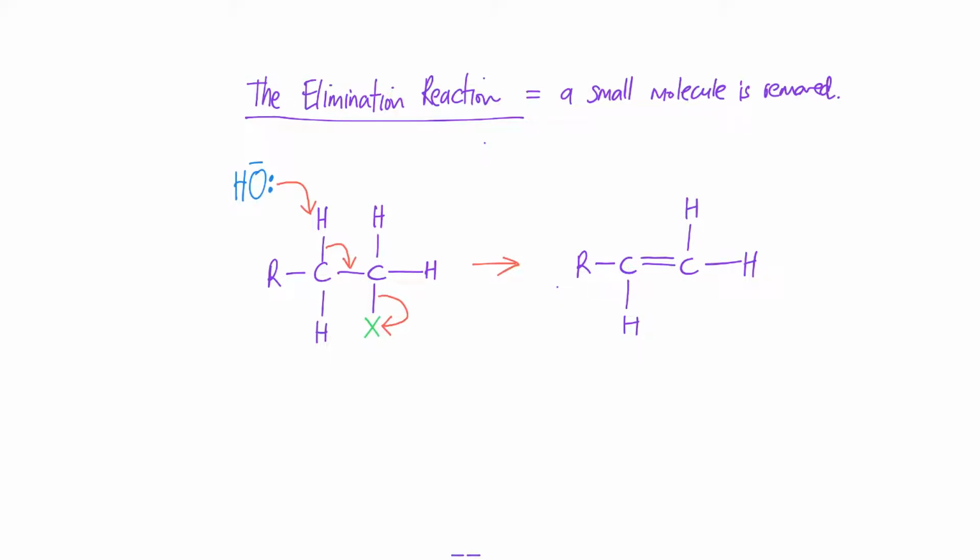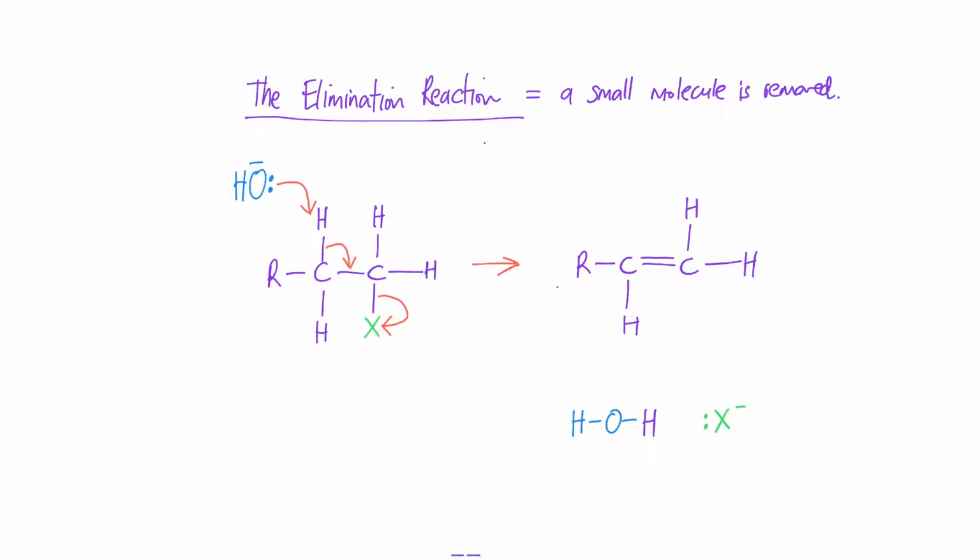So that's now a double bond. And what do we have left over? Well, my hydroxide is now attached to the hydrogen which it accepted, that proton that it accepted from the original haloalkane, and I also have the X minus there, which is my leaving group, so chloride, iodide, and so on.